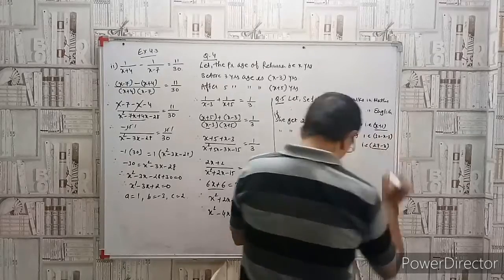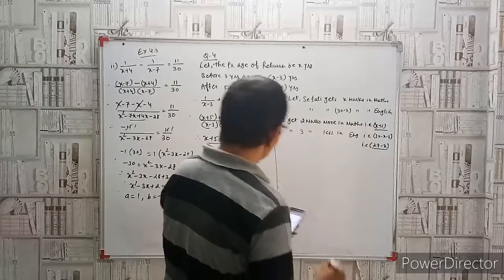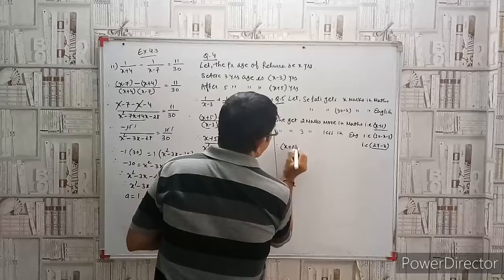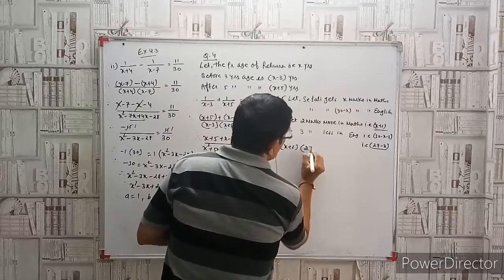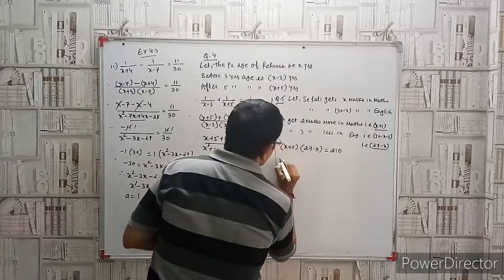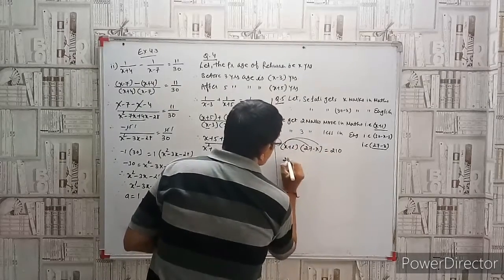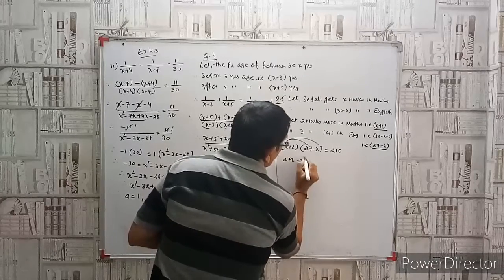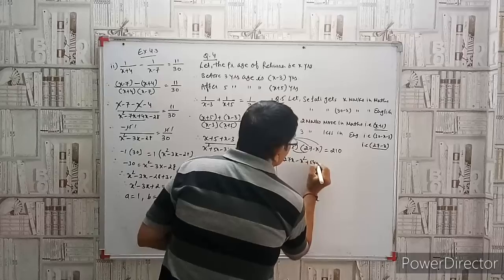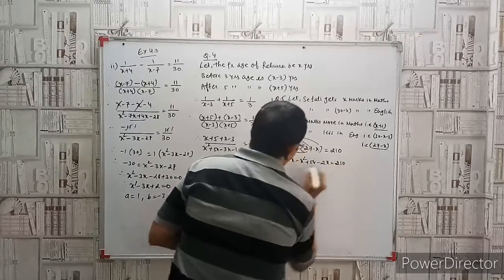Now the product of these 2 marks is 210, so that is x plus 2 and 27 minus x is equal to 210. Now expand this, multiply x with these 2 numbers, so 27x minus x square, 27 2s are 54 minus 2x.